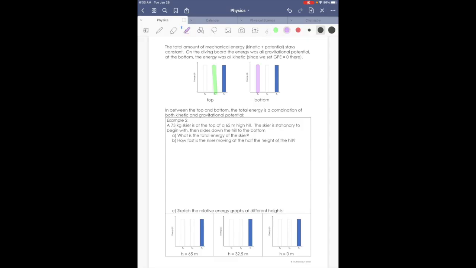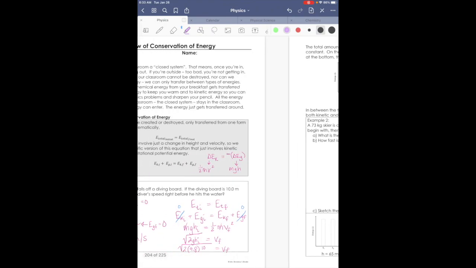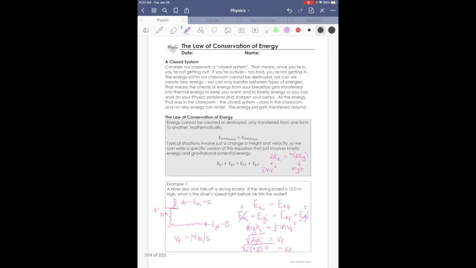In between the top and bottom, the total energy is a combination of both kinetic and gravitational potential energy. As my person was falling down towards the water, their GPE was decreasing as their kinetic energy was increasing.